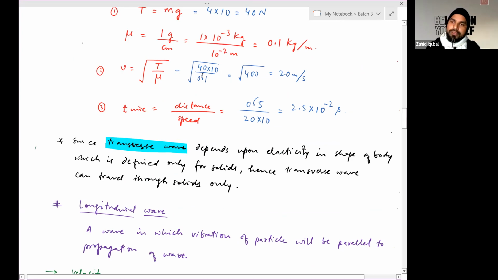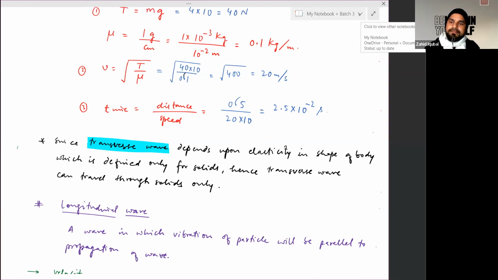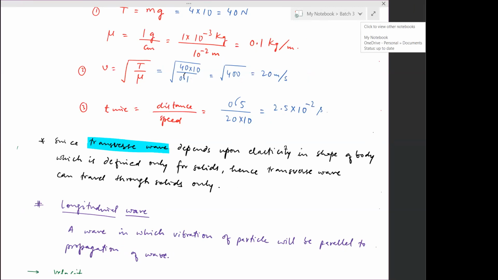But in the case of a longitudinal wave, it depends upon beta, that is compressibility, and compressibility is defined for all different mediums. Hence, a longitudinal wave can travel through all mediums. Atif, is it clear? Yes, sir.